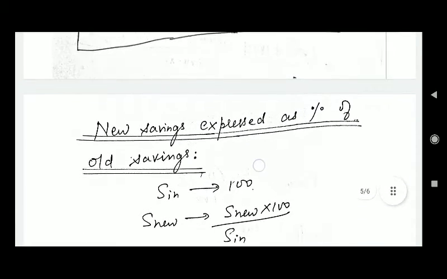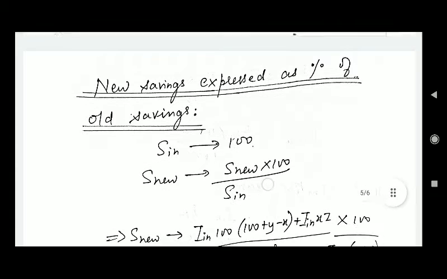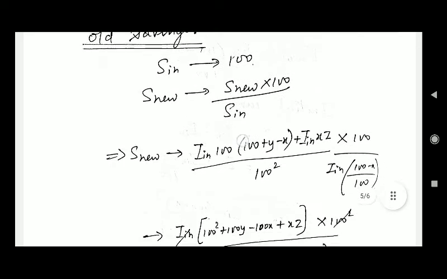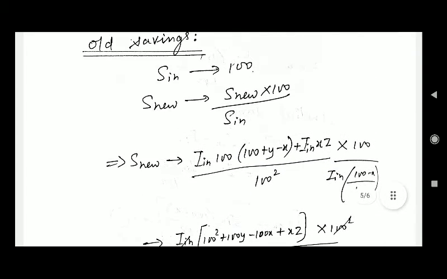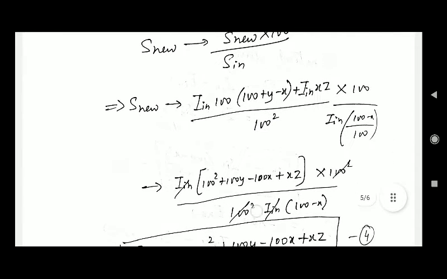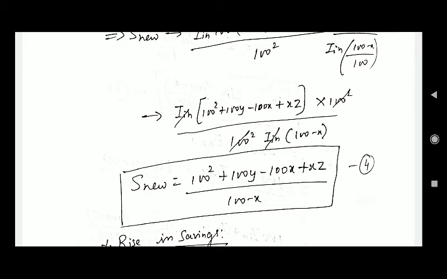When the new savings is expressed as a percentage of old savings, the old savings is given a yardstick of 100. So the new savings will turn out to be, by applying the normal direct proportion logic, S new equal to 100 square plus 100 times y minus x plus xz by 100 minus x, where y represents the percentage increase in income, x represents the percentage of income that is the expenditure, and z represents the percentage drop in expenditure.